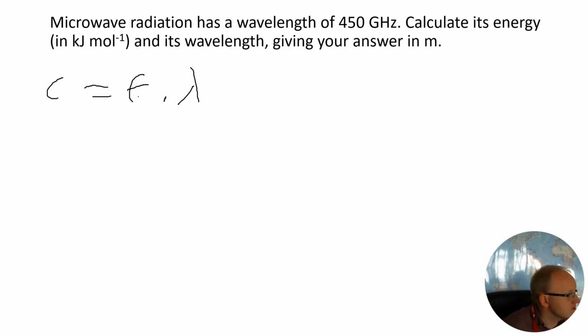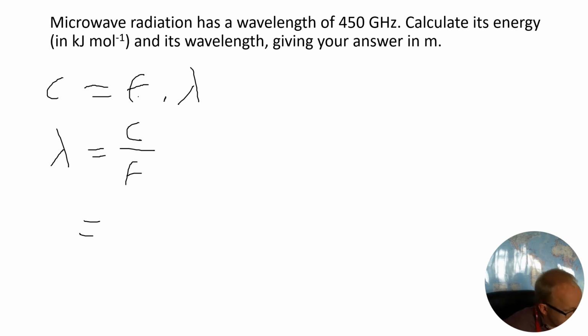Using this one, c equals frequency times wavelength. And therefore, if we're trying to find out wavelength, we divide both sides of the equation by frequency. So it becomes c divided by f. That will make life nice and easy now, I think.